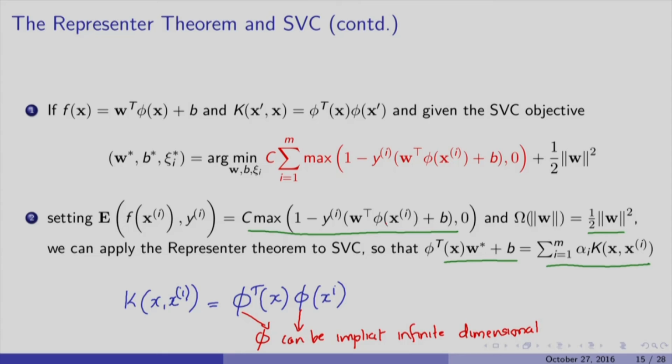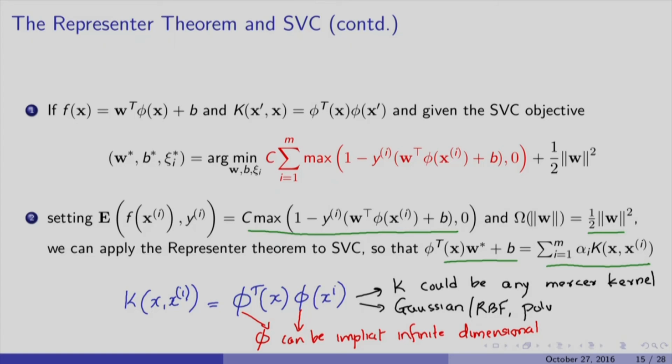What are kernels that correspond to such dot products? Well, we have already seen Mercer kernels, so we could re-invoke all those concepts. So K could be any Mercer kernel, and we have also seen examples of such Mercer kernels, the Gaussian kernel, the polynomial kernel.